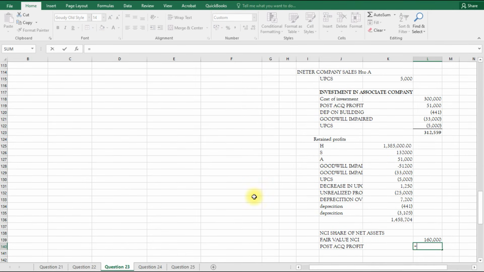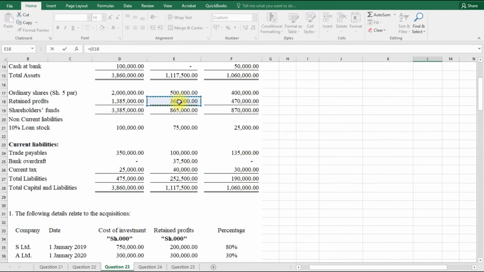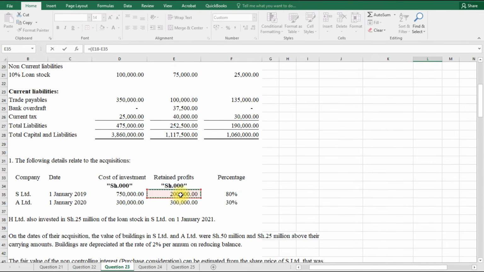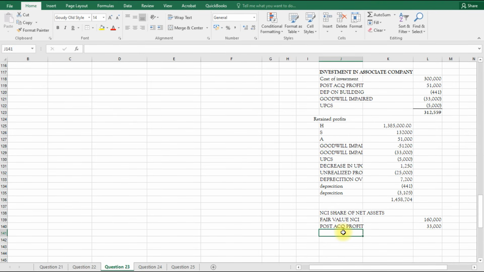I'll open the bracket, post acquisition profit, where we'll take our profit for S minus the pre, which was 200. We close the bracket. Our share of NCI is 20%. Yeah, multiplied by 20%, and I enter, which we shall have 33,000. Then I'll take the share of the goodwill impaired. Goodwill impaired.